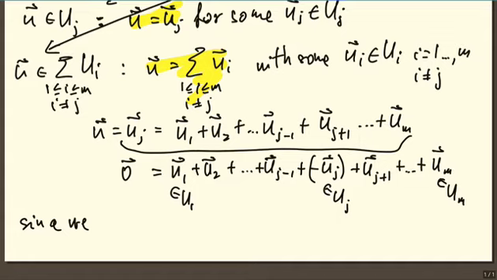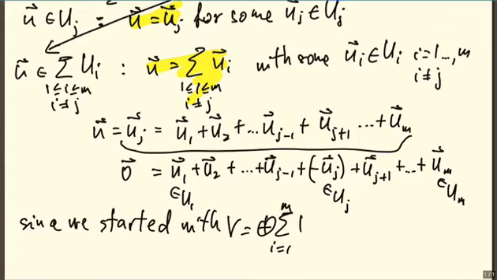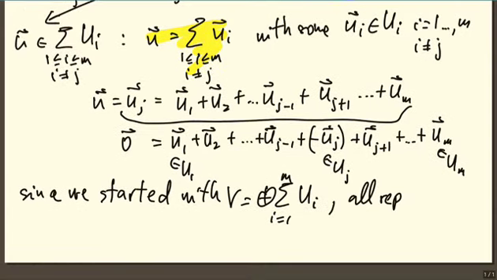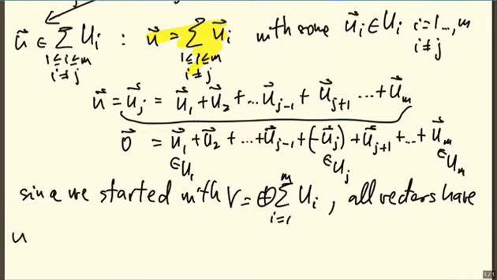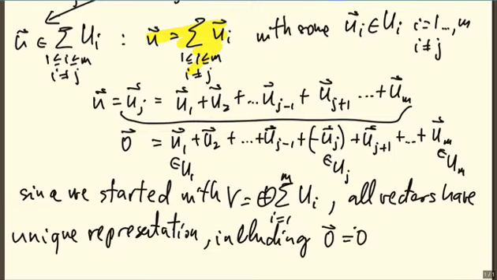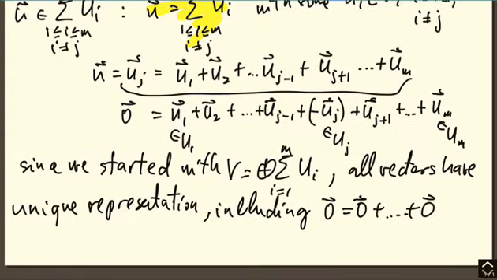We started with a direct sum. Assume that we have a direct sum. That means that in this representation, all vectors have unique representations. That's the definition of the direct sum, including 0. And the unique representation is 0 plus 0 all the way.